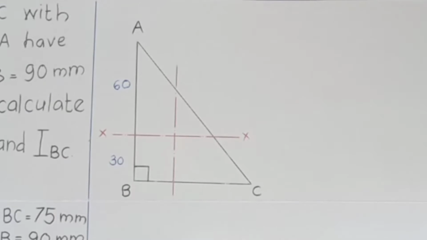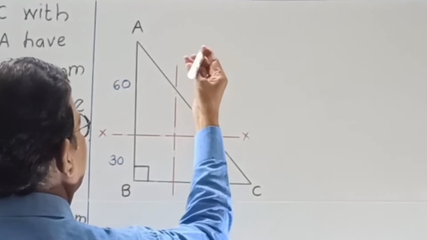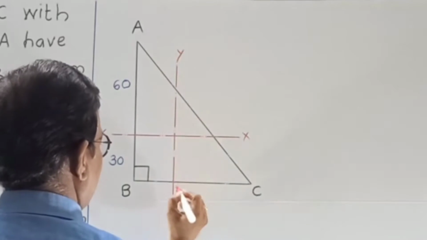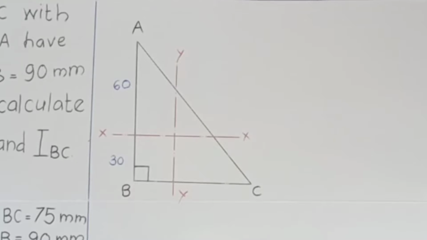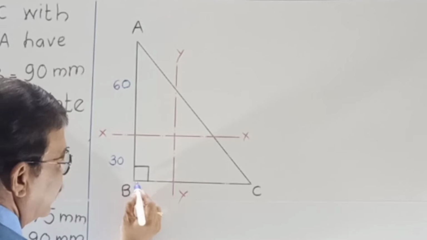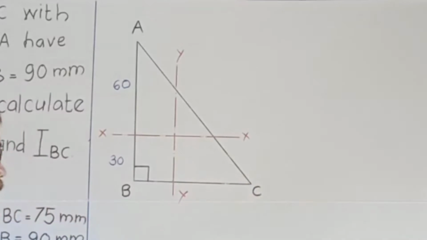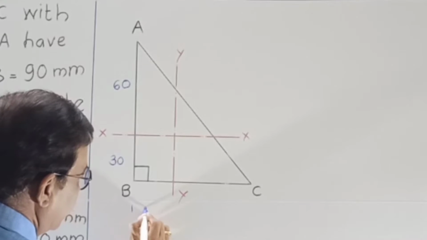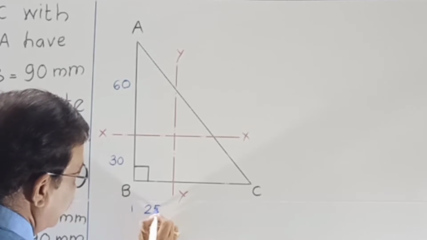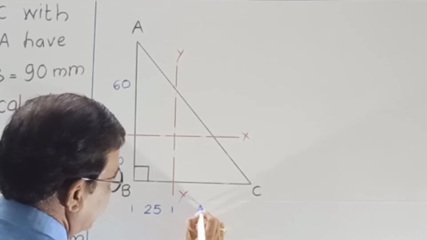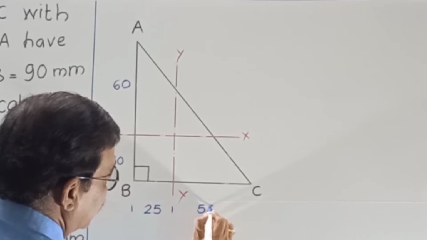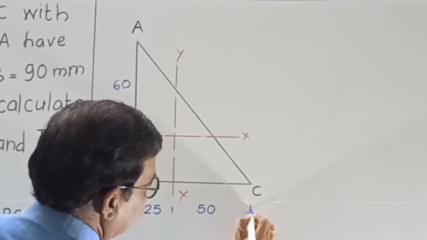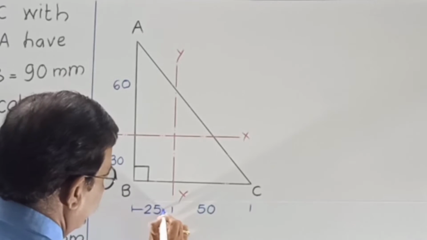Similarly, if I say that YY is the vertical centroidal axis, this particular distance will be this dimension divided by 3, and BC is equal to 75 mm. Therefore, this distance is 75 by 3, that is 25 mm, and definitely the remaining distance will be 75 minus 25, that is 50 mm.